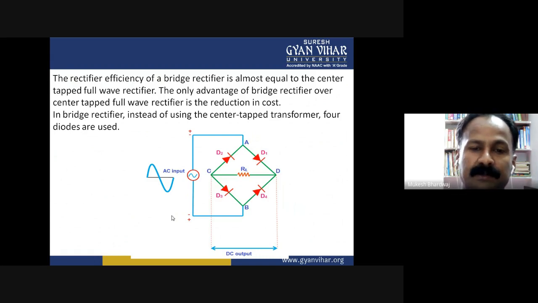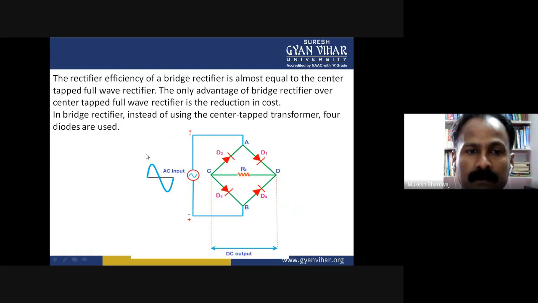This is the diagrammatic representation of a bridge rectifier, and in this way we connect the diodes to get the output across the load resistance in full wave, through both the negative half and the positive half of the AC input. So the DC output is obtained without fluctuation, and whatever ripples come out through the output can be further removed by filter circuits.